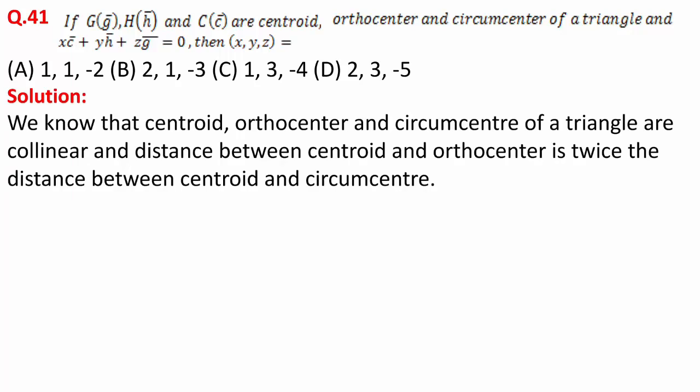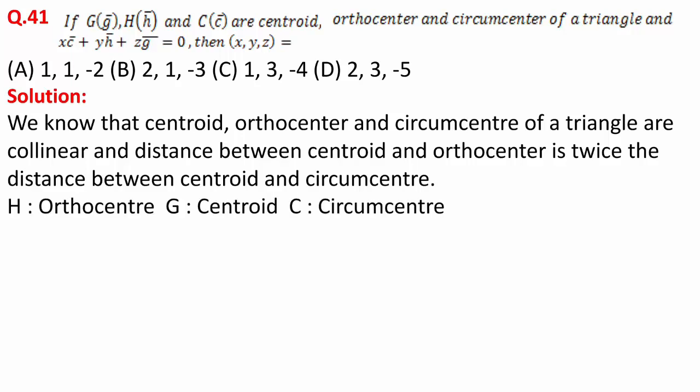Solution. We know that centroid, orthocenter and circumcenter of a triangle are collinear, and distance between centroid and orthocenter is twice the distance between centroid and circumcenter.